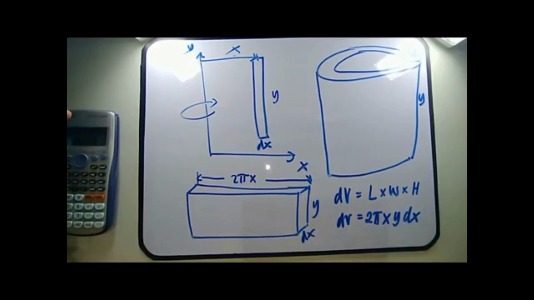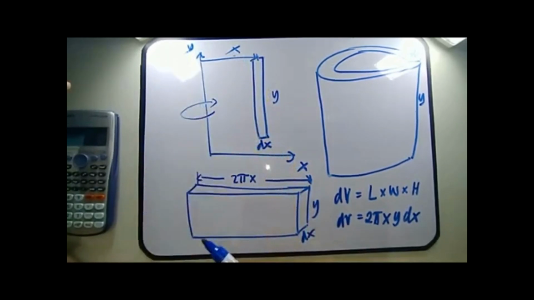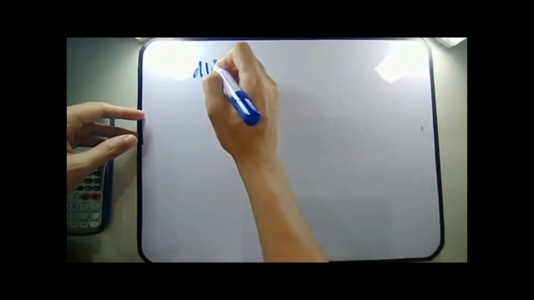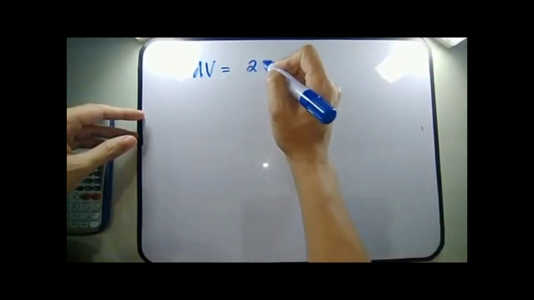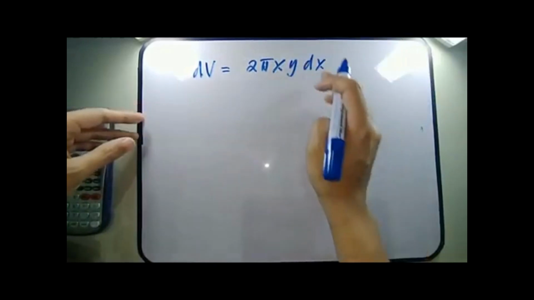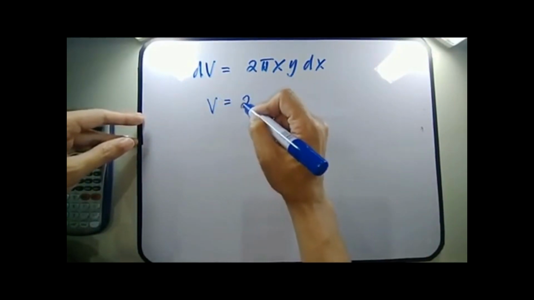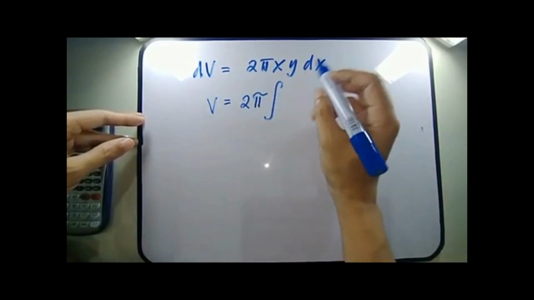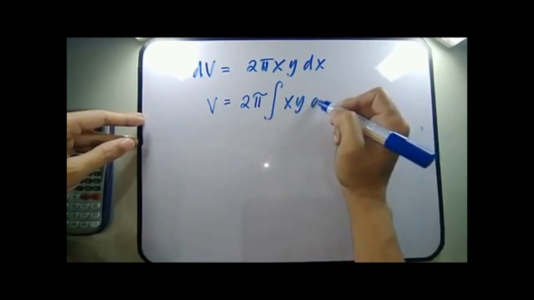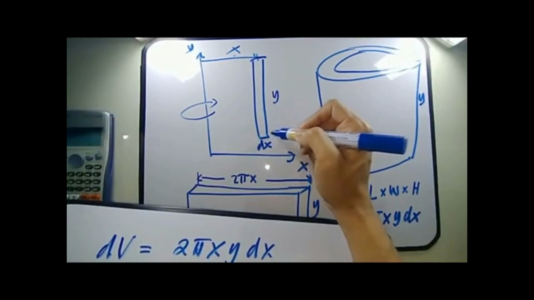Integrating both sides, guys, we can find the volume if we rotate this vertical rectangular strip about an axis. We have the differential volume equal to 2 pi x y differential of x. Integrating both sides, we have V equals the integral of 2 pi x y dx. Now, y is y upper minus y lower.